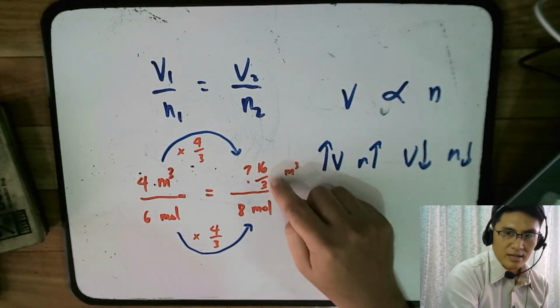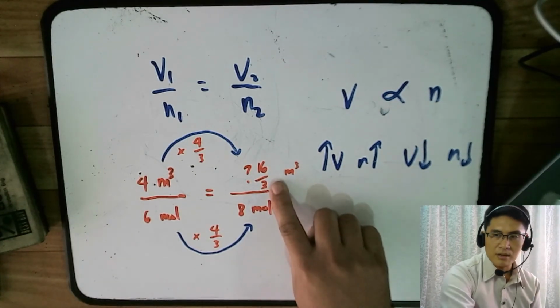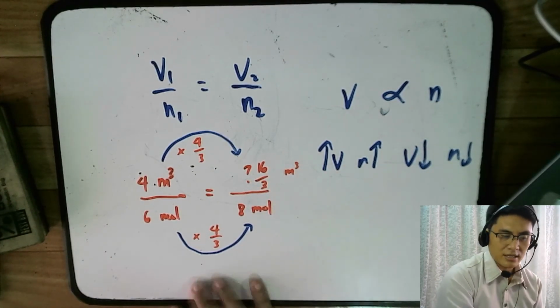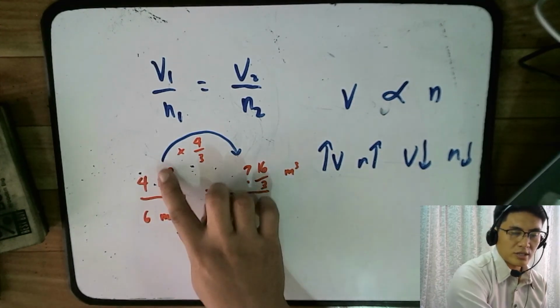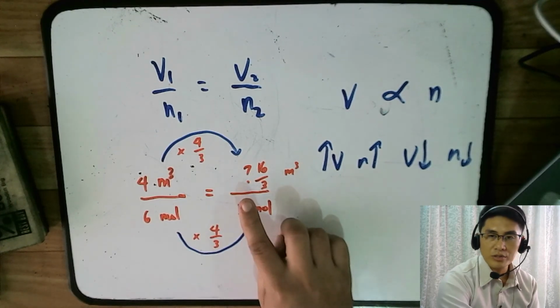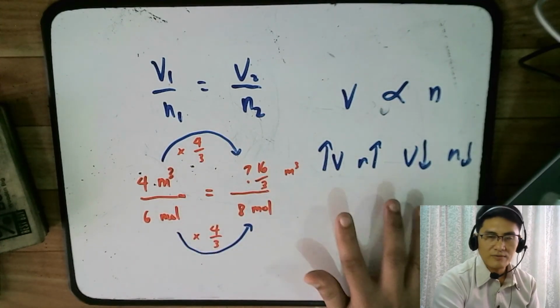You could also divide this and leave it in decimal form, but the idea here is this: whatever happens to the number of particles is the same thing that happens to the volume, because again, they have direct proportionality.